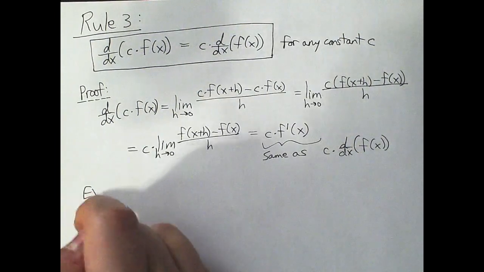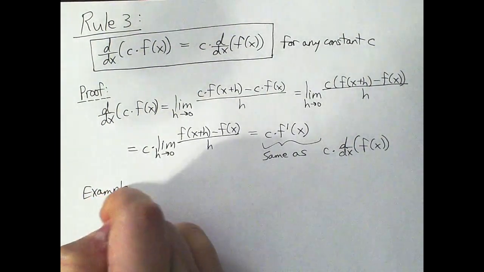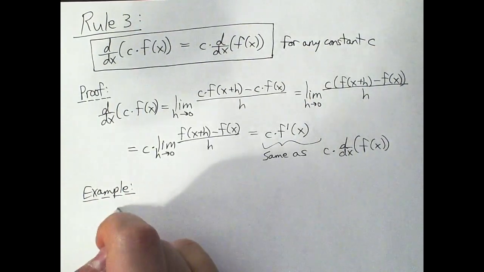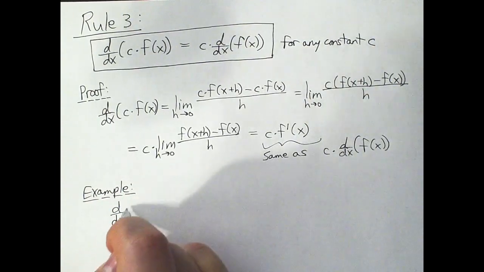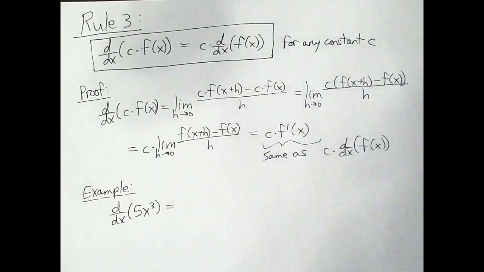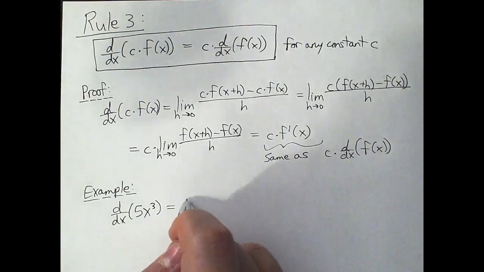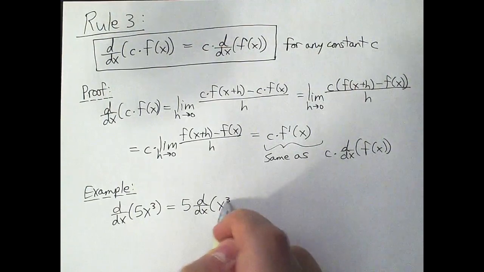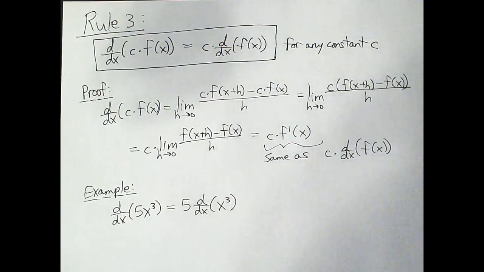And I'll show you an example. Let's say you wanted to know the derivative of 5x cubed. According to rule 3, we can pull the 5 out. We can go further, because according to rule 2, we know what this thing is.